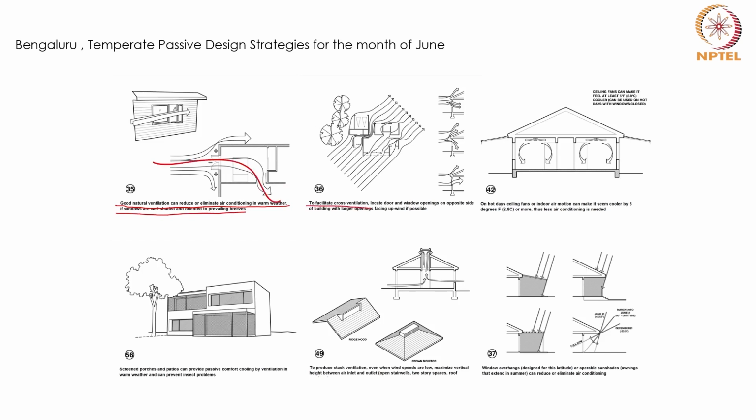To facilitate cross ventilation, locate door and window openings on opposite sides of the building with larger openings facing upwind if possible. Then, on hot days, ceiling fans or indoor air motion can reduce the indoor temperature by at least 2.8 degrees centigrade or more, and this can bring the place into a comfort zone or at least reduce the load on the air conditioner.